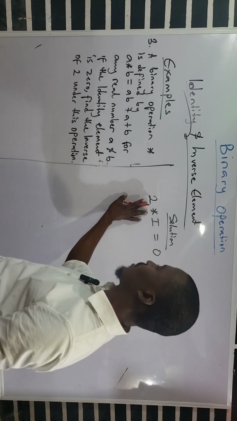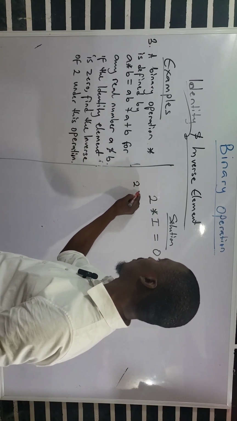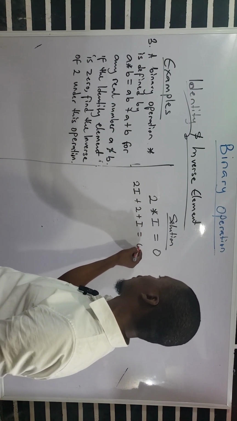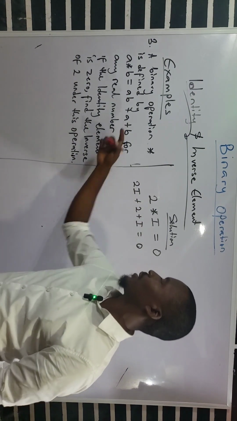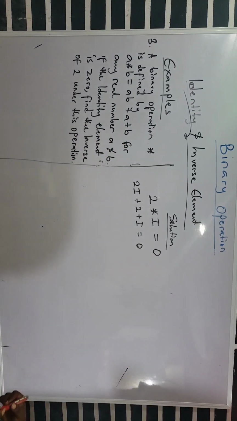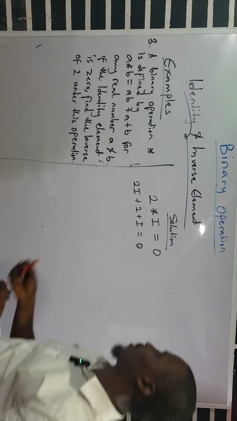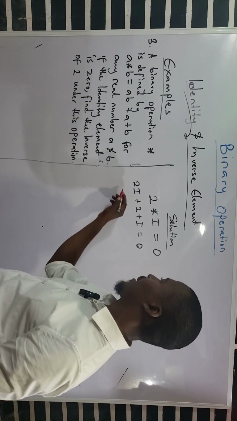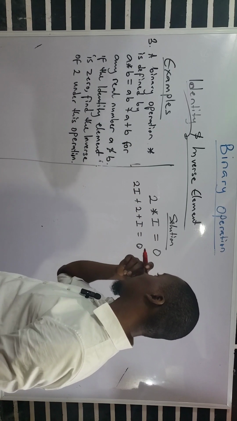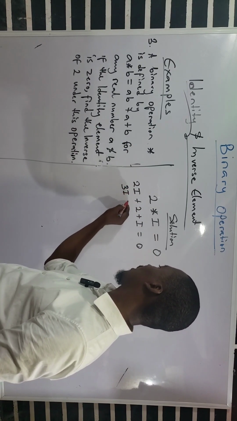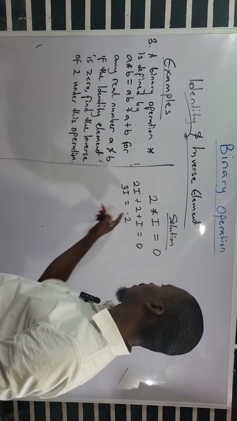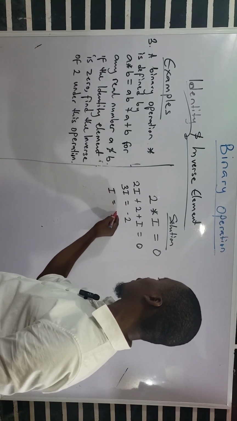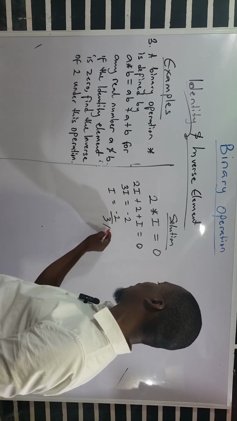So that will give you, obeying the rule of combination here, 2I plus 2 plus I equals 0. So I have obeyed the rule of combination to expand that binary operation there. So collect like terms, we have 2I and I. That will give us 3I equals minus 2. That's when this one moves over here. So divide both sides by 3, I equals minus 2 over 3.